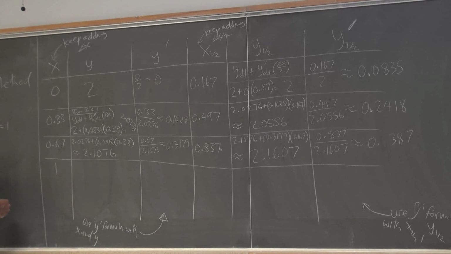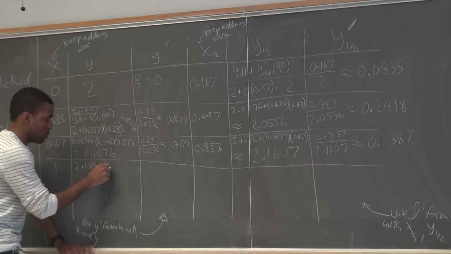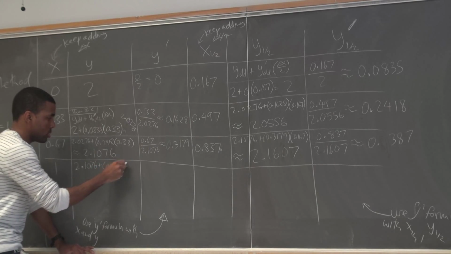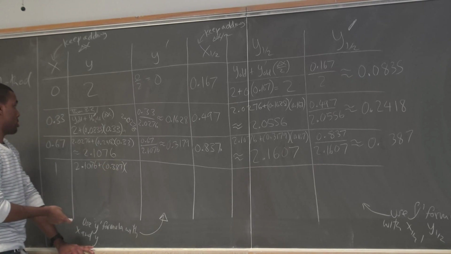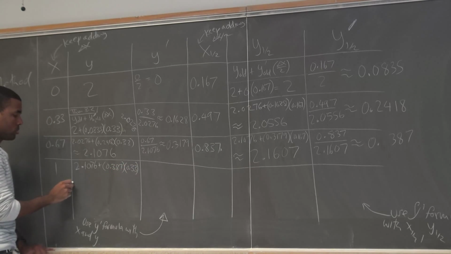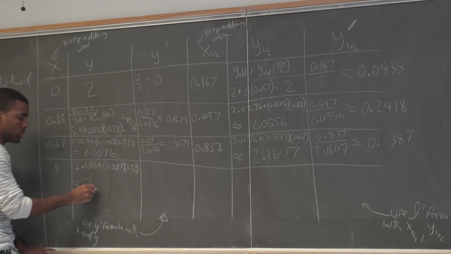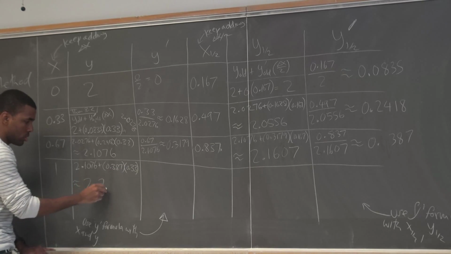It might be rounded differently. So it's 2.107 plus 0.318, plus the one we got over here, 0.387 times our delta x, which is 0.33. 2.2374.